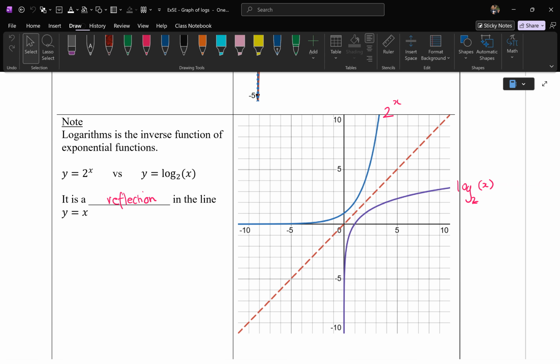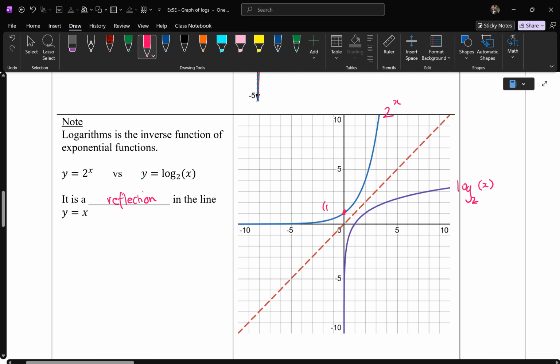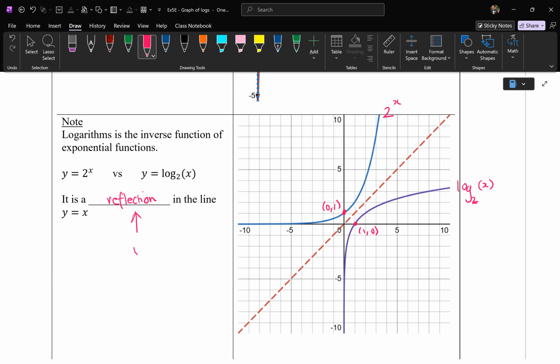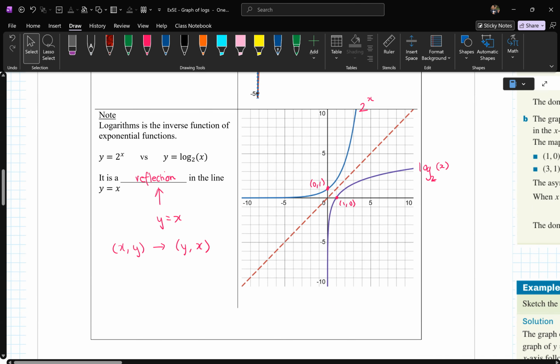So essentially, if you didn't realize, the coordinates (0, 1) now becomes (1, 0). And that's what we mean by reflection in y equals x. So the transformation is (x, y) becomes (y, x). Okay? It's just the understanding of chapter 1, exercise 1F.